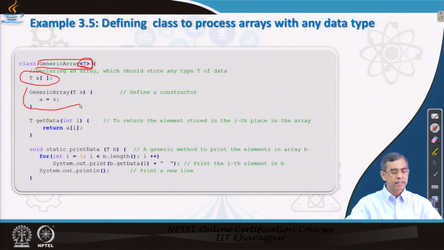Then this is the constructor, it is same as the earlier one, and then this is the one method we just want to have, so that it can access any elements in this array using this method.